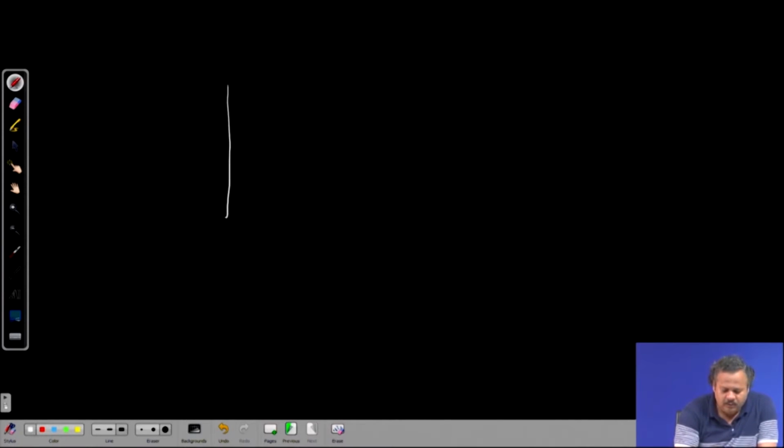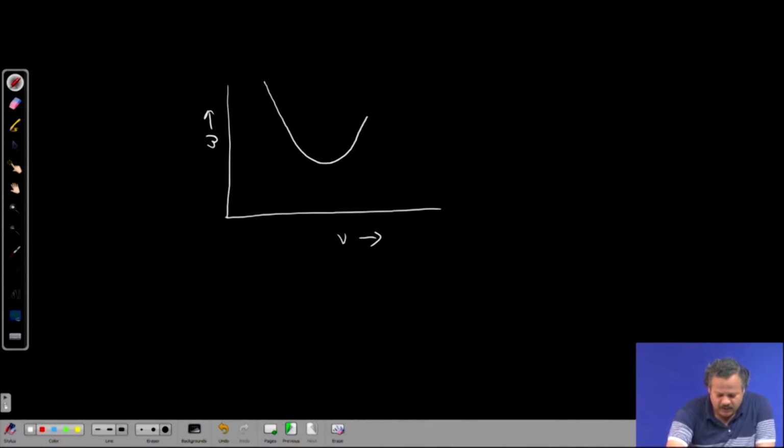Let us draw this new phase plane with the new null lines V and W, and let us say that the V null line is like this and the W null line is going like this. So, this is our new equilibrium point.